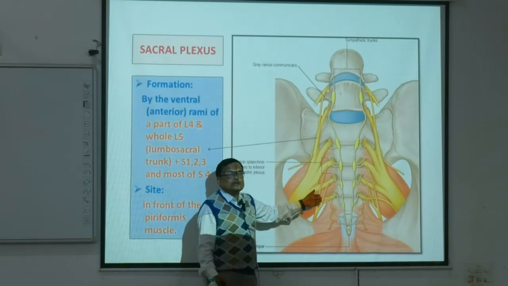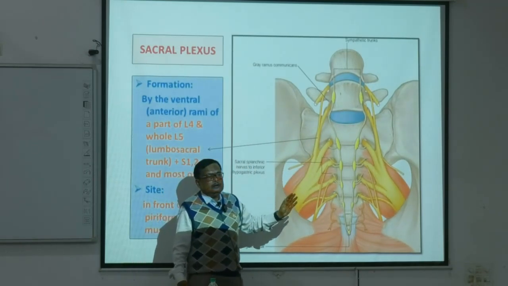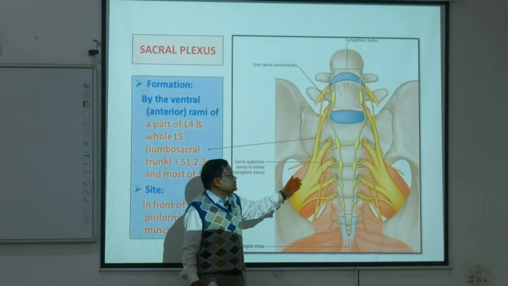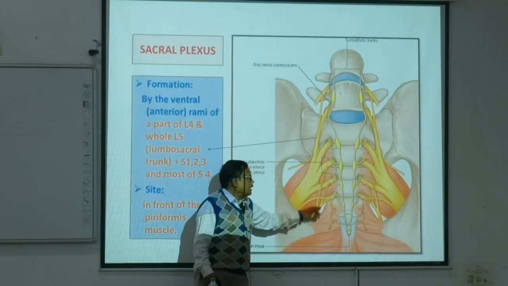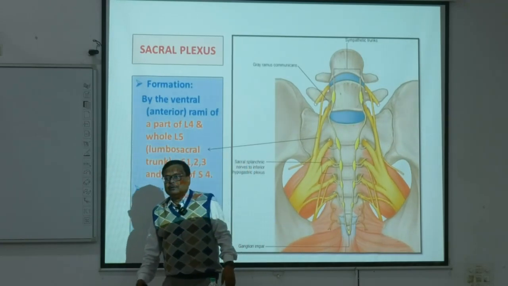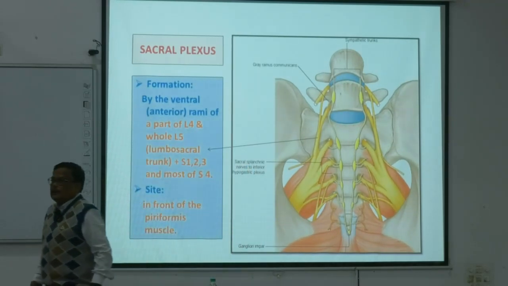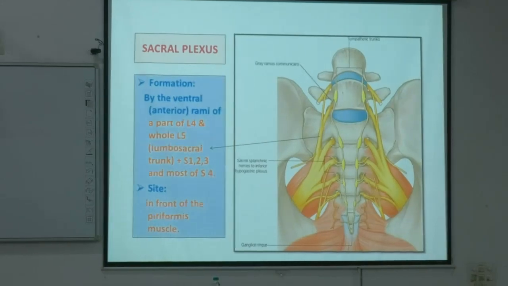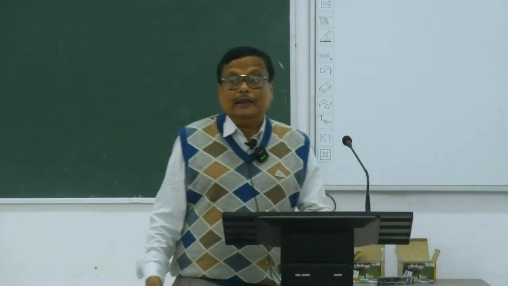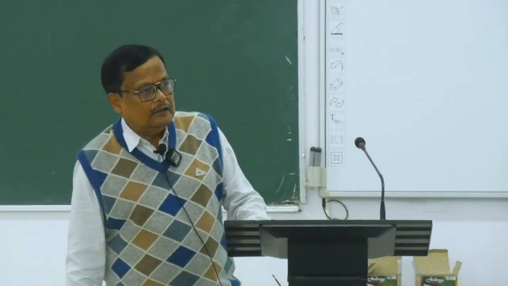So, it can be seen in dissection because it lies in front of the piriformis, and it gives a number of very important branches, which supply the pelvic region of the lower part of the abdomen as well as the posterior part of the inferior extremity, and also the leg.